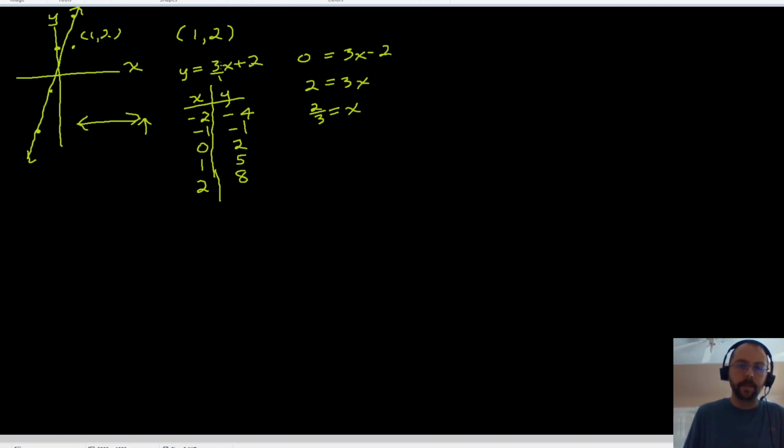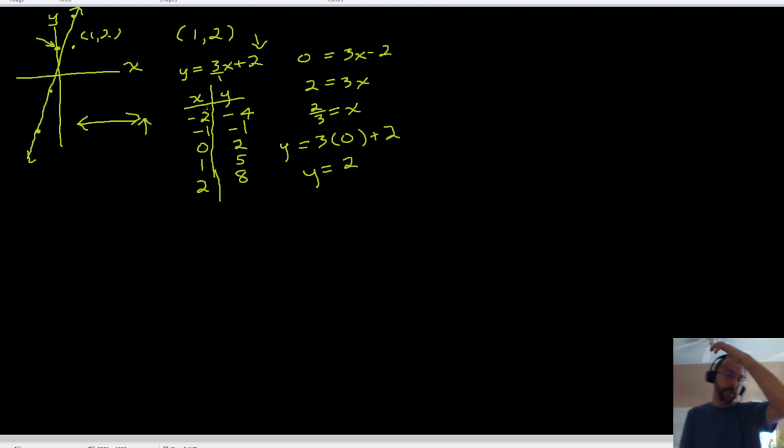So y equals 3 times 0 plus 2. Why did I get 2/3? Sorry, this shifts it up. Up 2. Okay, so that tells us that we were going through this point right here that I missed, because it shifts it up 2. So anyway, you could have graphed that just by looking at it, or you could have graphed it by plotting the points.